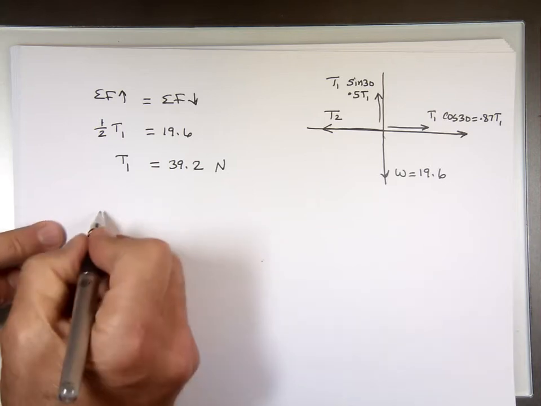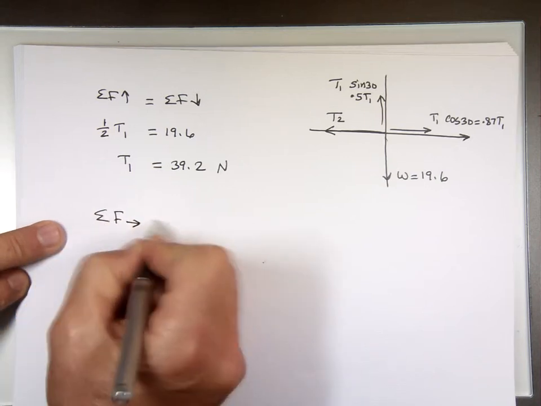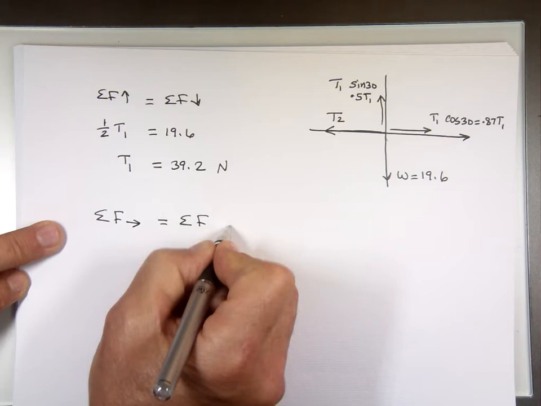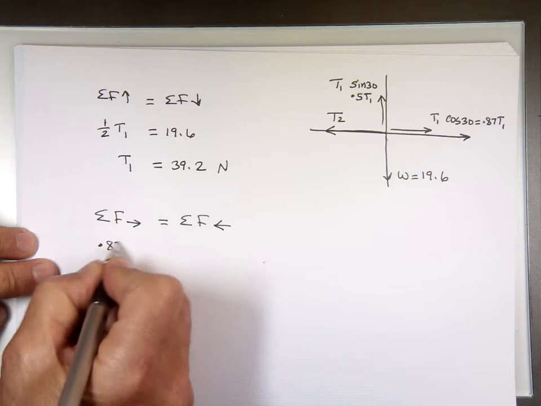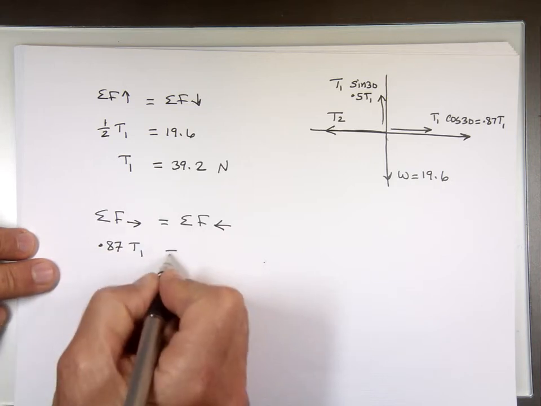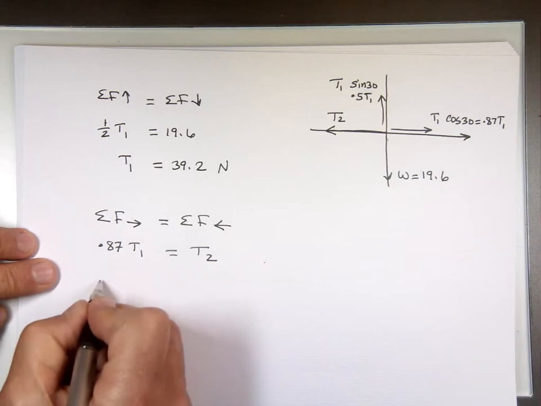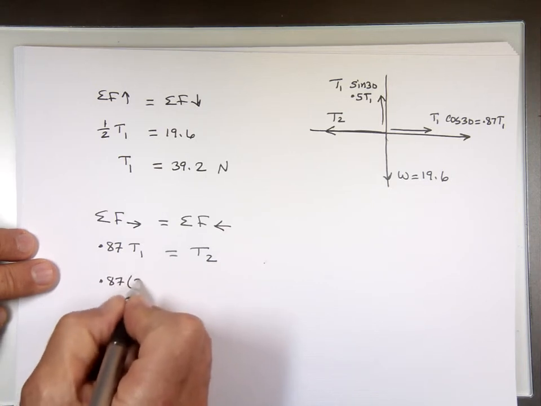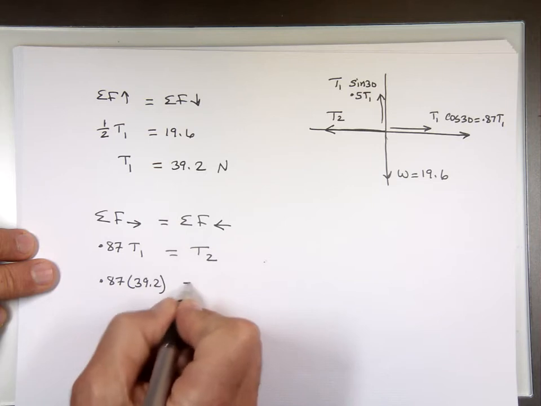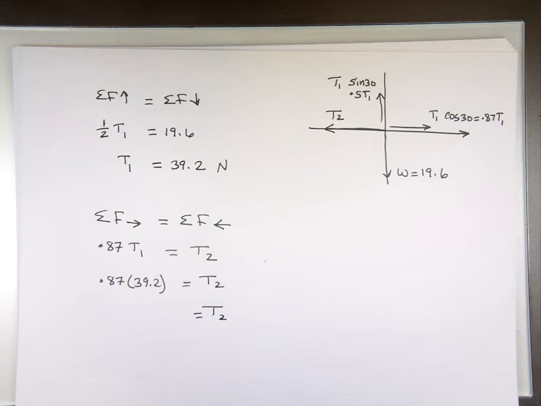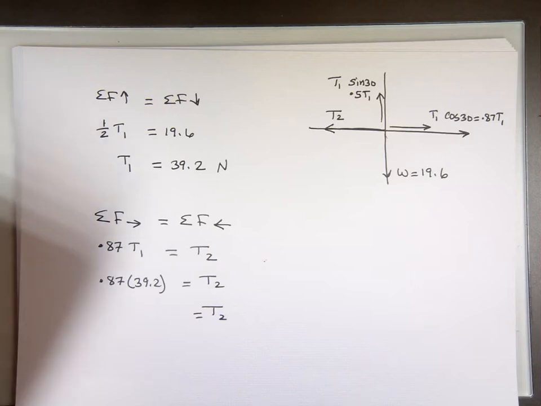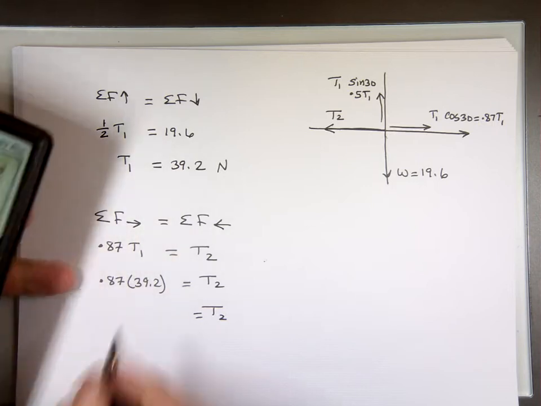Now what about all the forces pointing to the right? Shouldn't they equal all the forces to the left? What do we have pointing to the right? 0.87 T1 equals T2. So 0.87 times 39.2 equals T2, which is 34.1.